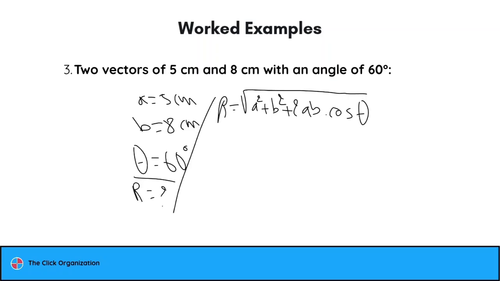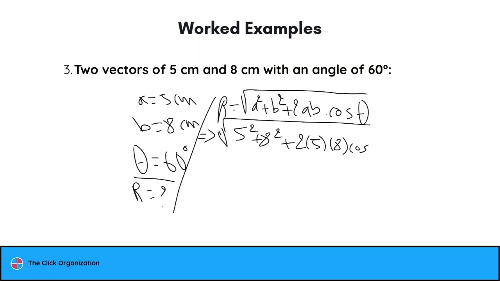We substitute the values first, which is R equals the square root of 5 squared plus 8 squared plus 2ab. We put the values for those, which is 2 times 5 times 8 times cosine of 60 degrees.